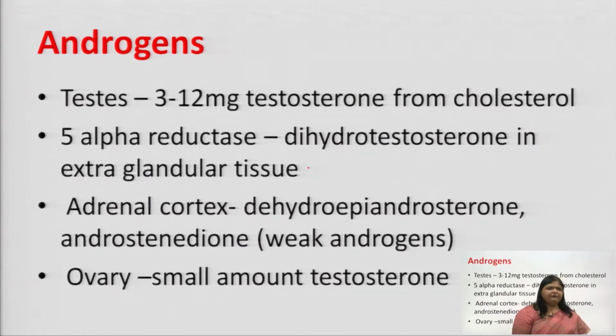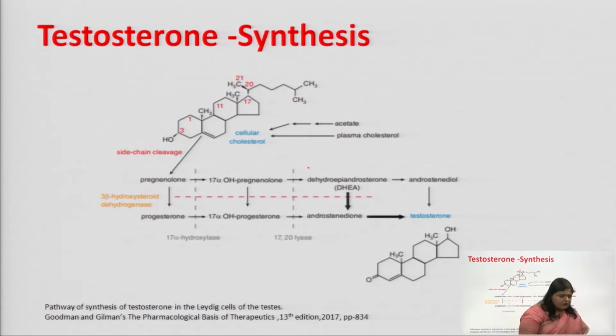In themselves, they are inactive or have very little activity, 1/30th or 1/20th of the activity of testosterone, and the weak activity derives from their conversion to testosterone. The ovary in females also produces very small quantities of testosterone. Since testosterone is the most important androgen, we will be talking about testosterone, taking it as a prototype drug.